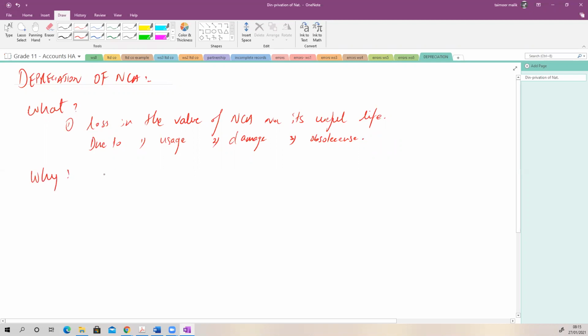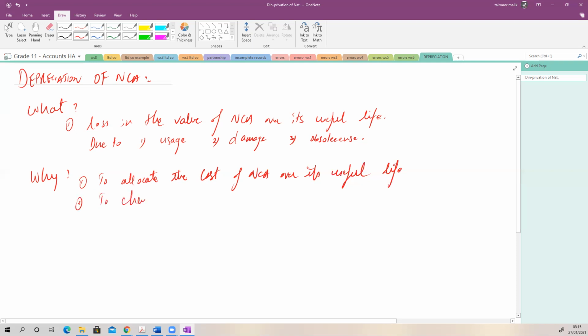Why do you charge depreciation? To allocate the cost of non-current asset over its useful life. ठीक है.